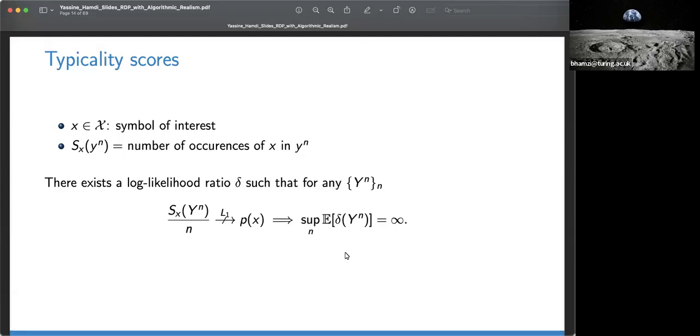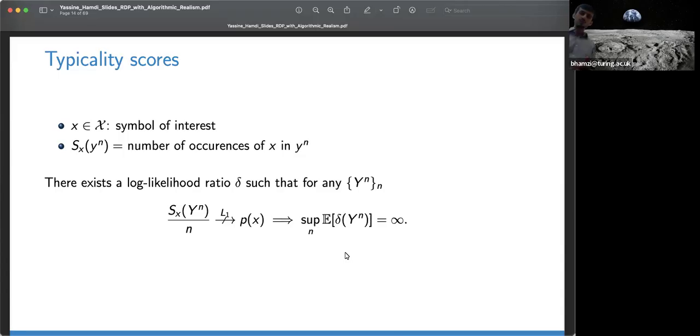What I'm saying is that there exists a log-likelihood ratio in that set which is essentially sensitive to the frequency of pattern X. Precisely, for any sequence of random variables Y^n, if the frequency of pattern X doesn't converge to what we would expect, which is the probability of X, then the score will explode. The expectation of the score will not be bounded as n goes to infinity.